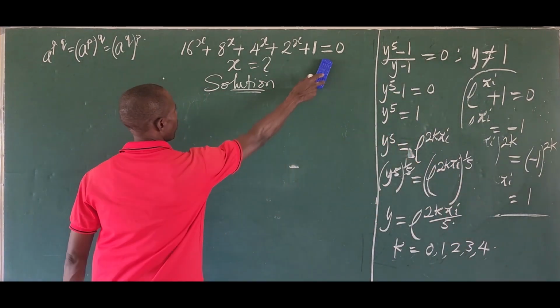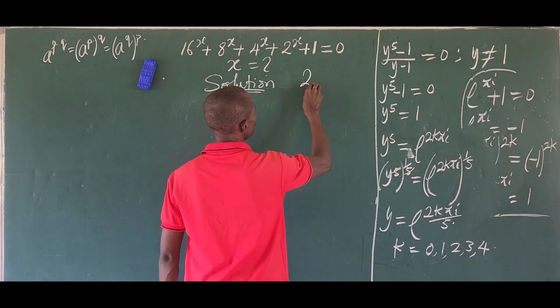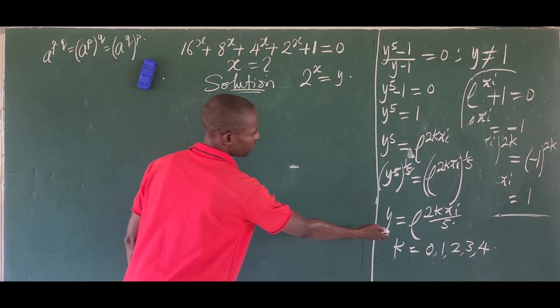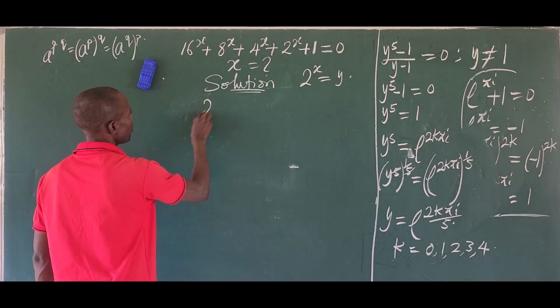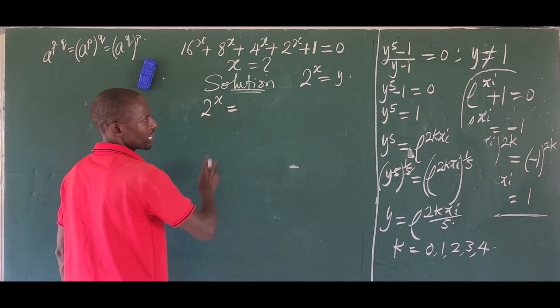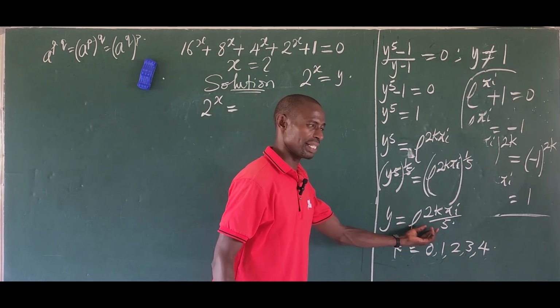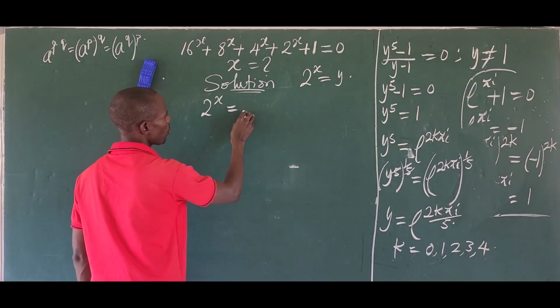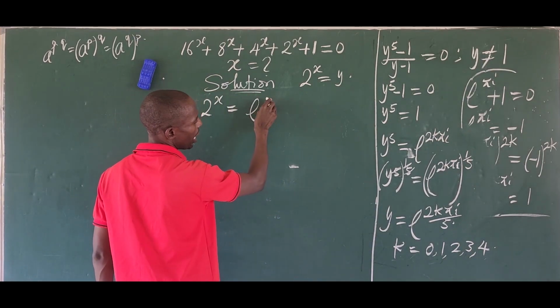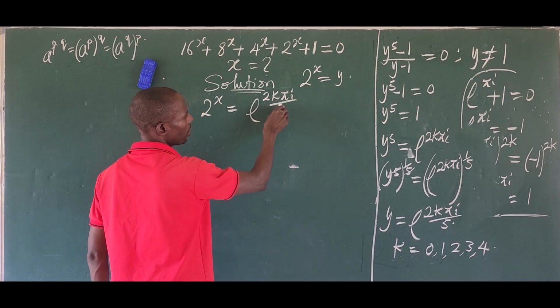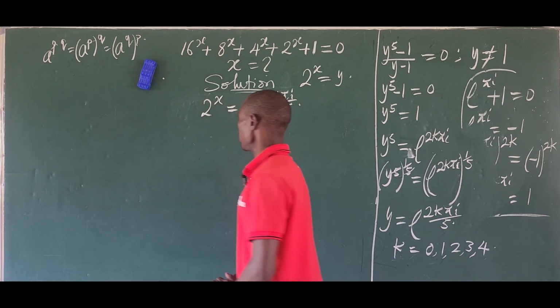So when we recall, we say we have 2 to the power of x is equal to y. So we substitute that into this system. We have 2 to the power of x is equal to the general equation, which is e to the power of 2k pi i all over 5. Easy.